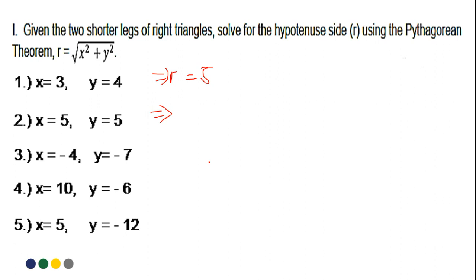What is x is equal to 5 and y is equal to 5? Answer? 5 squared 2. 5 square root of 2 po. Tama?